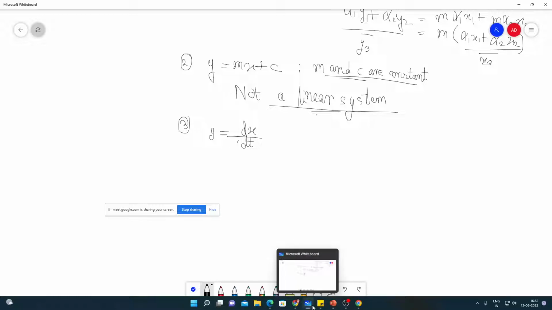Is it a linear system? x is the input, y is the output. The relationship between them is differentiation. Is it a linear system?